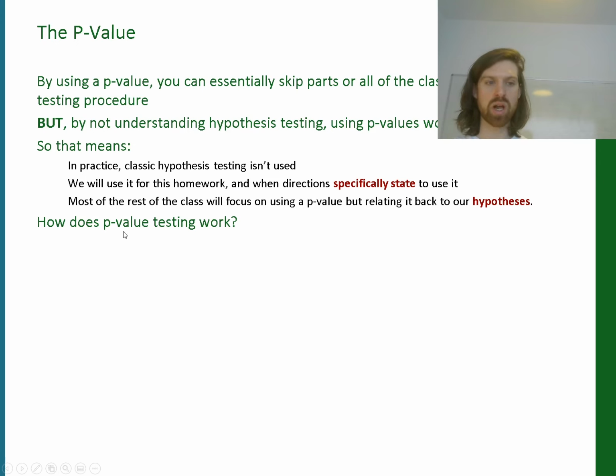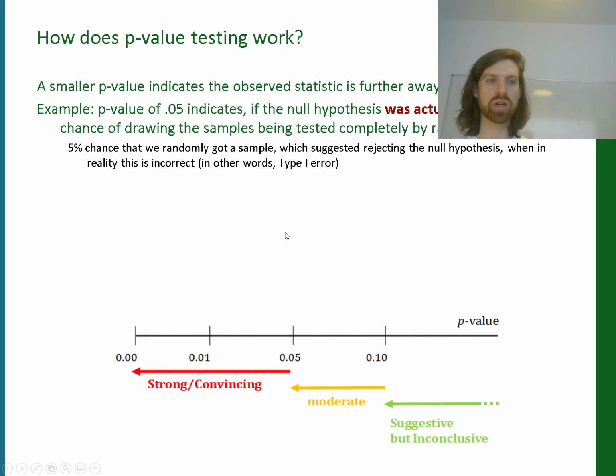You might be asking, how does p-value testing work? Essentially, a smaller p-value indicates the observed statistic is further away from the null hypothesis. A p-value of 0.05 indicates that if the null hypothesis was actually true, there's a 5% chance of drawing the sample being tested completely at random. We've covered this type of thinking before.